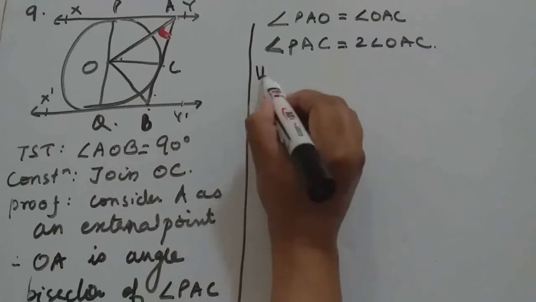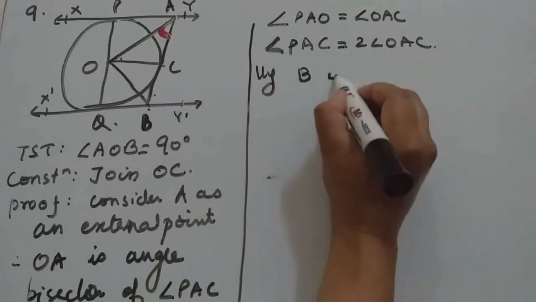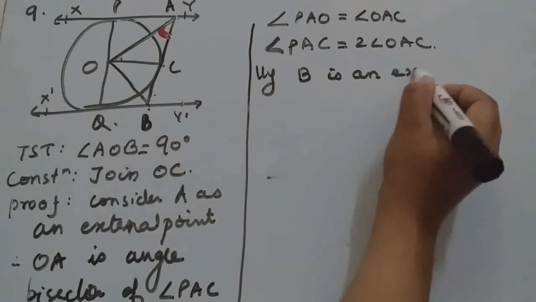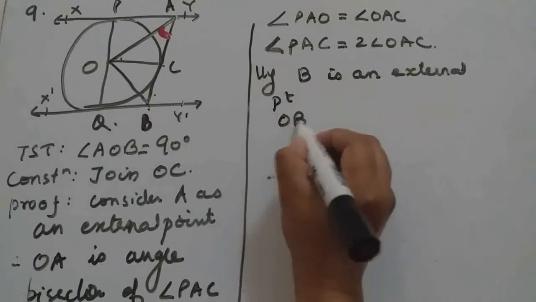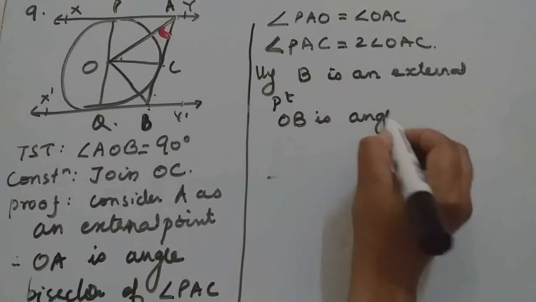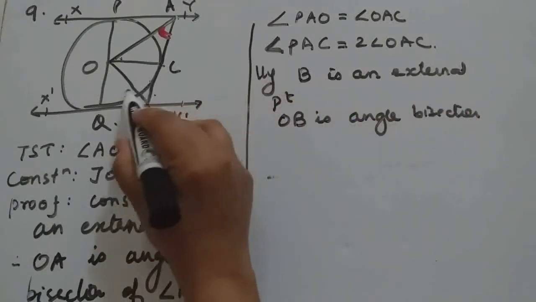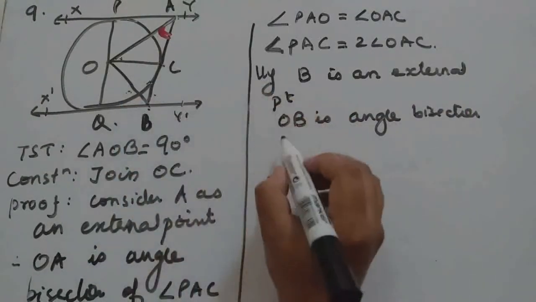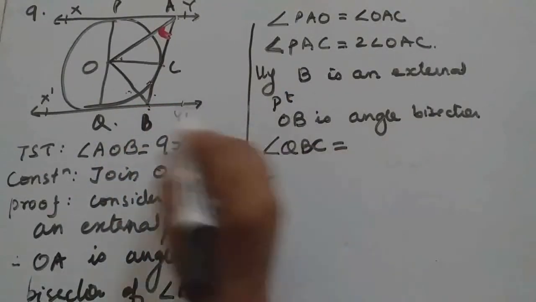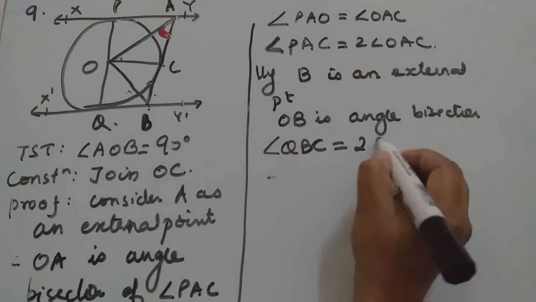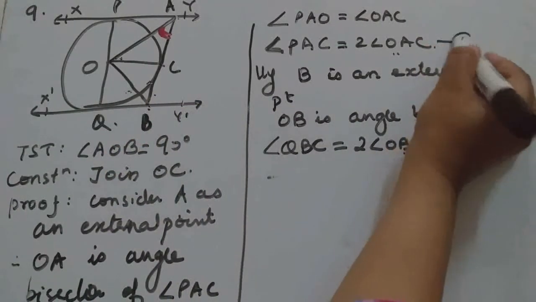Similarly, now in this half part, B is an external point. So OB is the angle bisector. So these two angles will be equal. And QBC I can write as twice of OBC using the same trick. Now add 1 and 2.